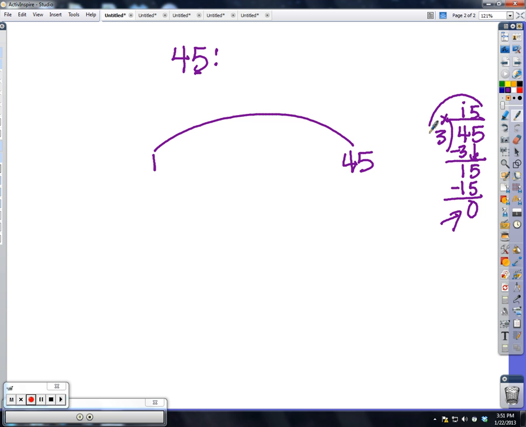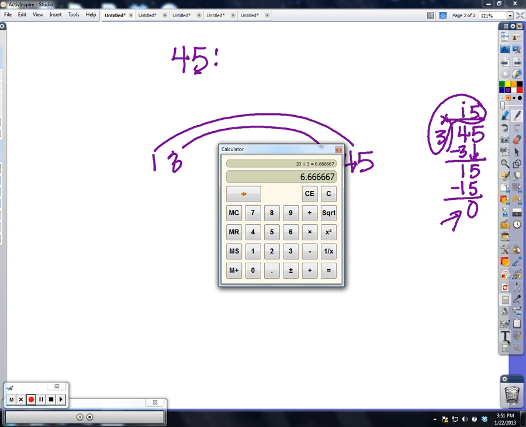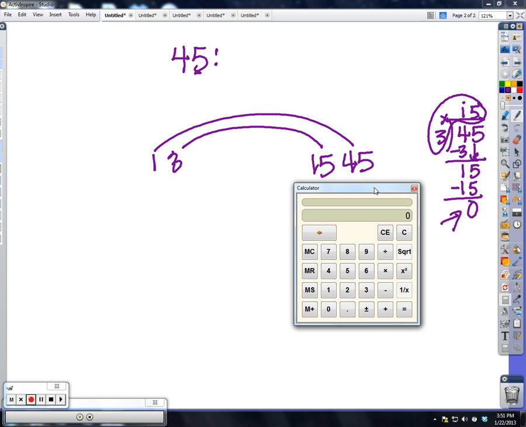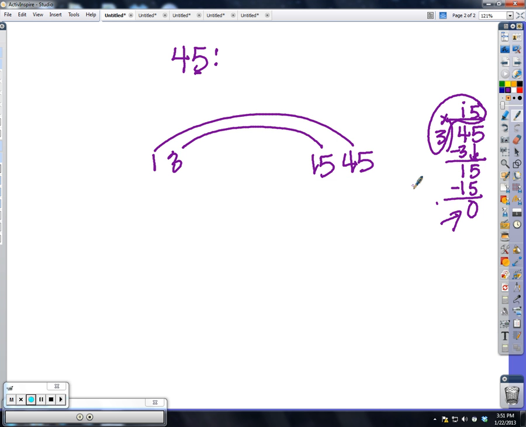That means that 3 times 15 is 45, so 3 was a factor of 45. On your calculator, you would just punch in 45 divided by 3 equals 15, so you know that 3 times 15 was 45.